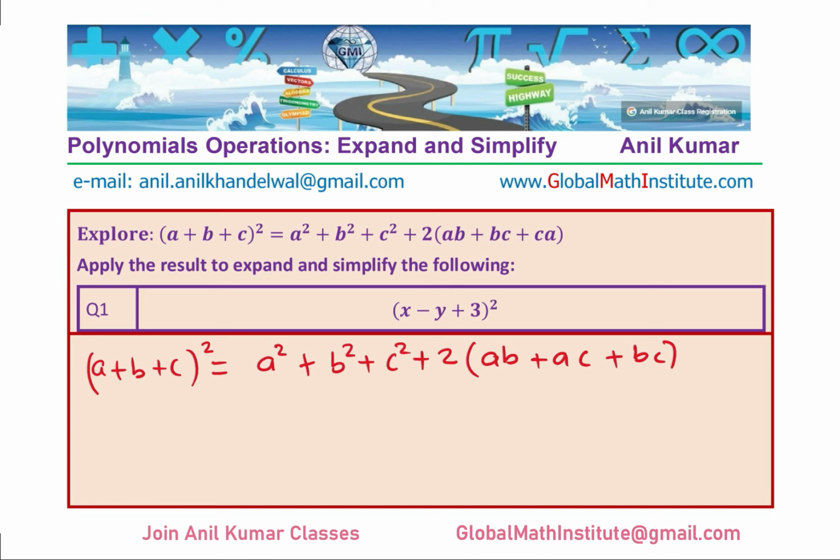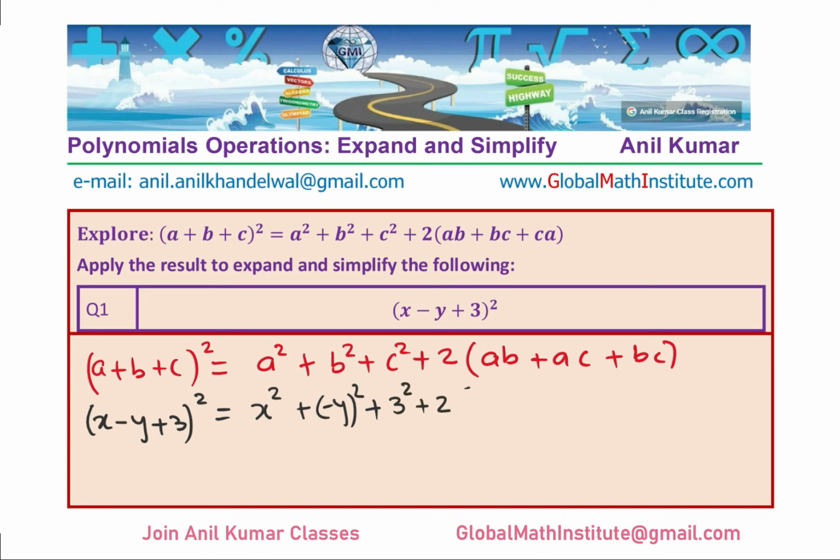Now in this case, we have the question which is x minus y plus 3 whole square, right? So now the value of a is x, b is minus y, right? And c is 3. So when you square, what do we get? Well, we get x square plus minus y square plus 3 square, correct?